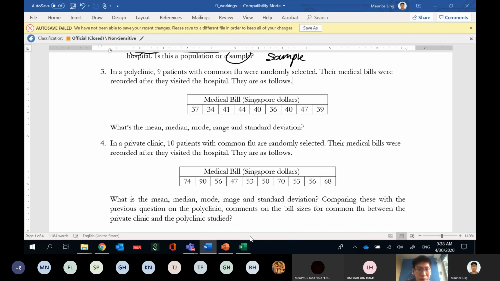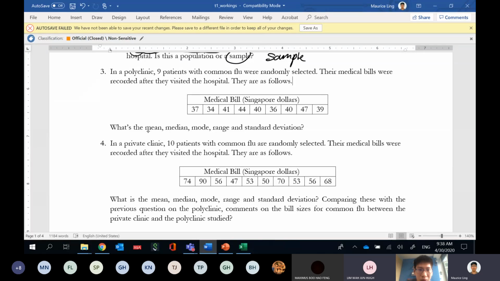So to find the mean, we need to take 37 plus 34, all the values there, divided by 9. Correct. So to make your life simpler and everyone's life simpler, anyone already have the answer? Yes, I have the answer.